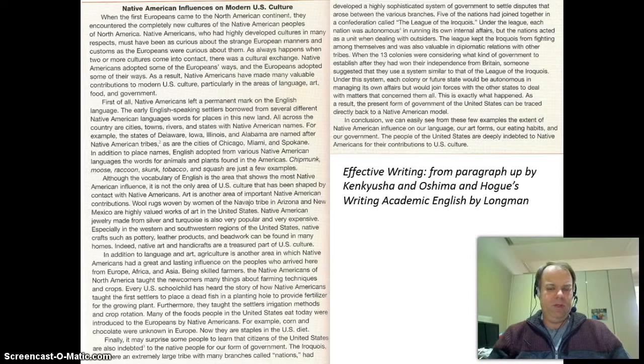For example, this one actually has 4 body paragraphs, but try to pick out the introduction, the body paragraphs, and the conclusion. Also take a look at the different paragraphs and see how they're different, especially the difference between the introduction paragraph, the body paragraphs, and the concluding paragraph. Pause now and take a look at that.